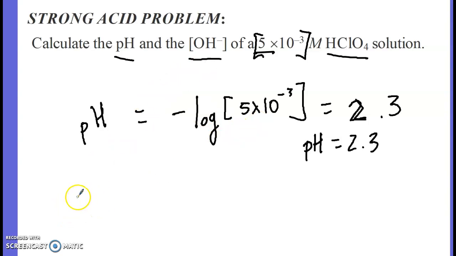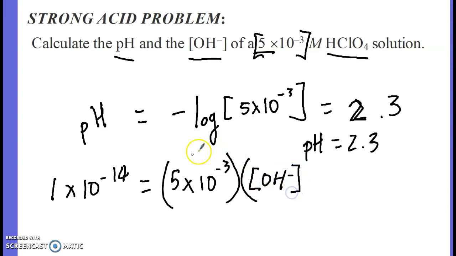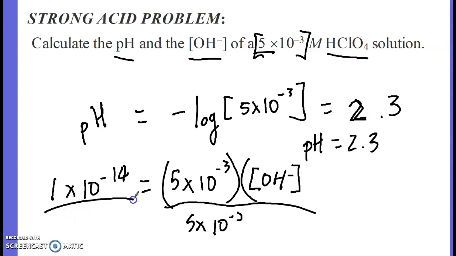Alrighty. It says what's the OH minus concentration, right? So we know 1 times 10 to the negative 14th is equal to 5 times 10 to the negative third times the concentration of the OH minus, right? So if we divide both sides by 5 times 10 to the negative third, that cancels that.